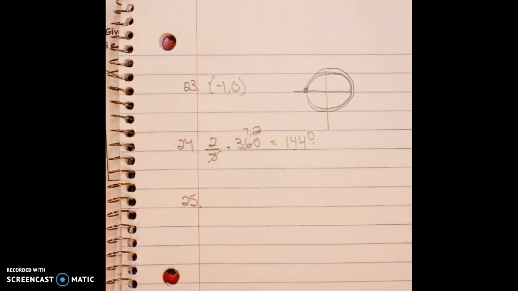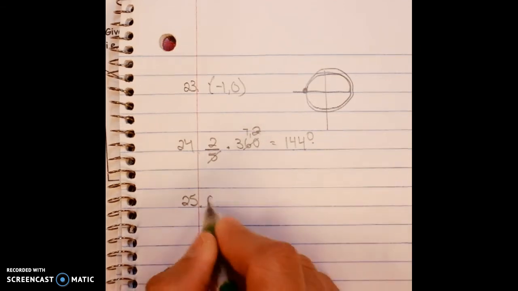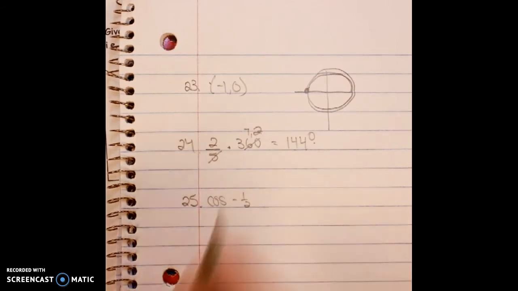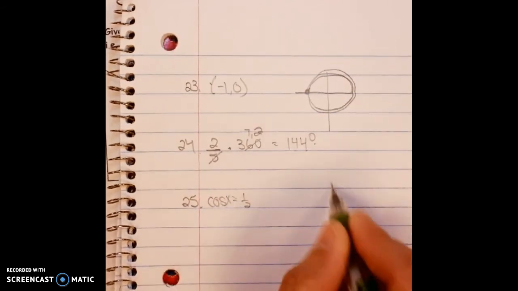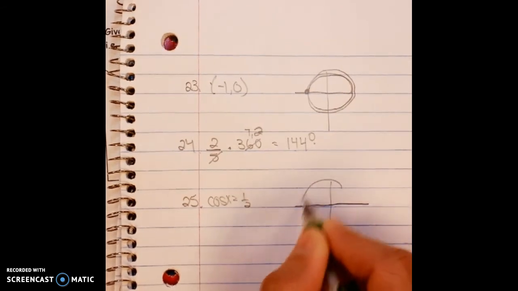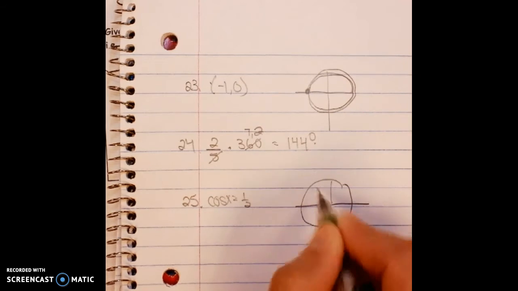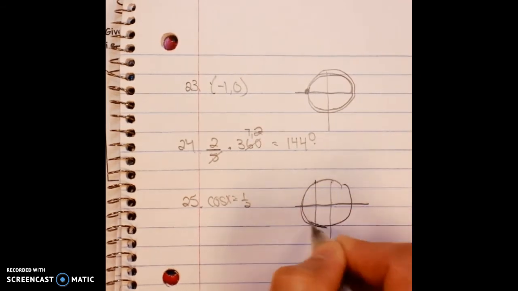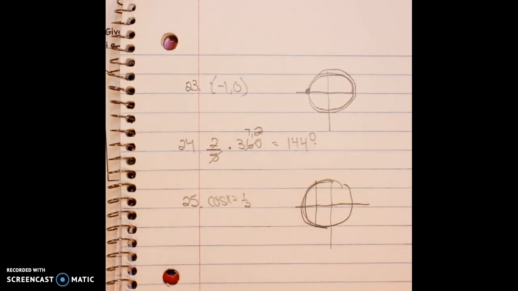We're looking for when the cosine is negative 1/2. So let's think about your unit circle. That means you're going out 1/2, and you could be up here or you could be down here. So that means we're somewhere over in here.